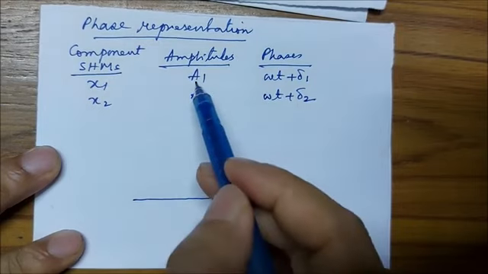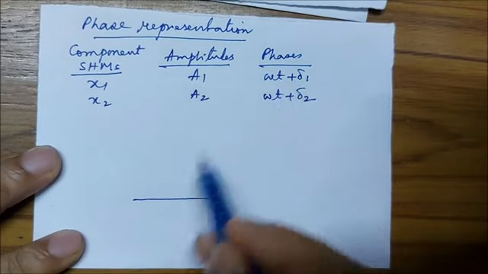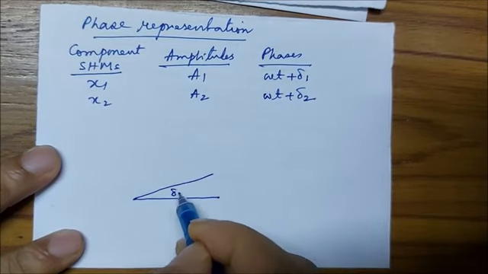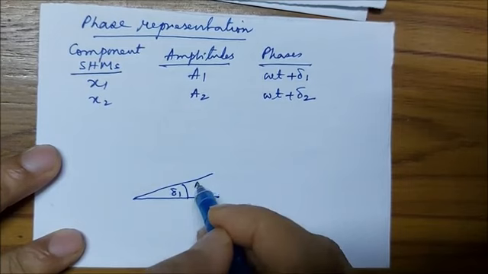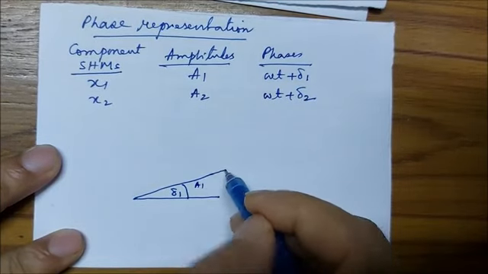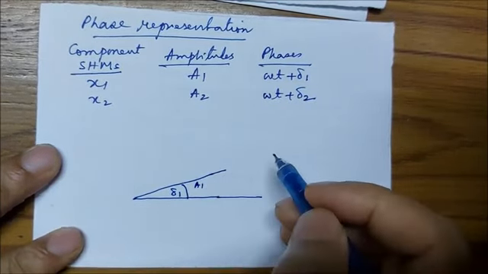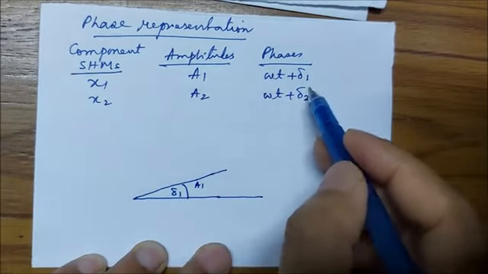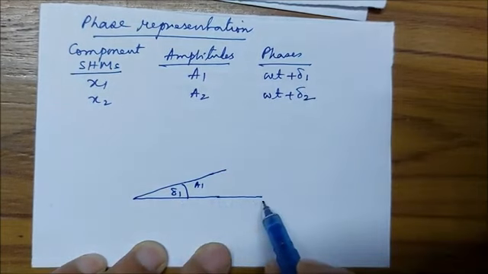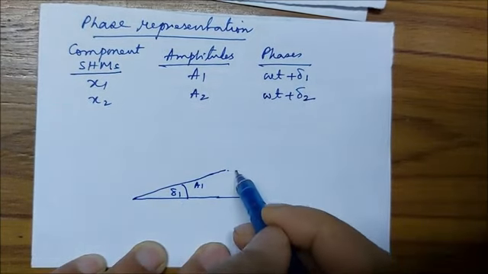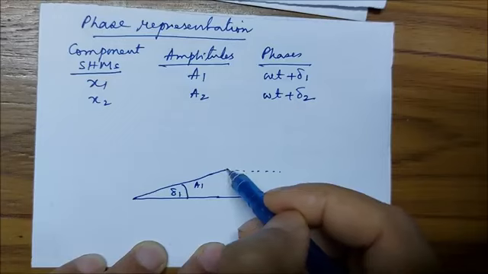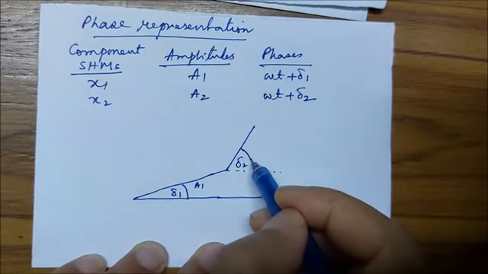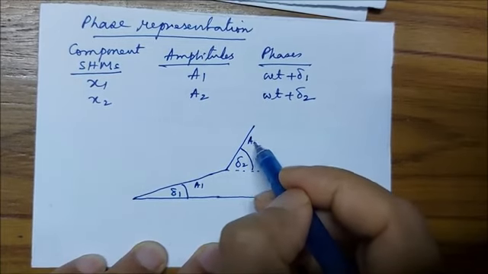Now let us draw the first SHM, which makes angle delta 1. So this is delta 1 and this is A1. Now at this tip we have to place A2 that makes an angle delta 2 with this omega t plus 0 line. So this is, say, delta 2 and this is A2.